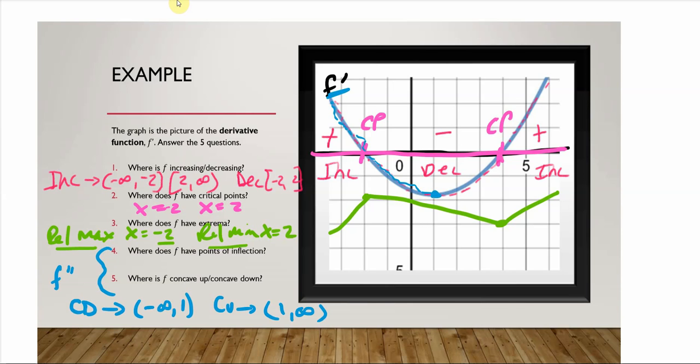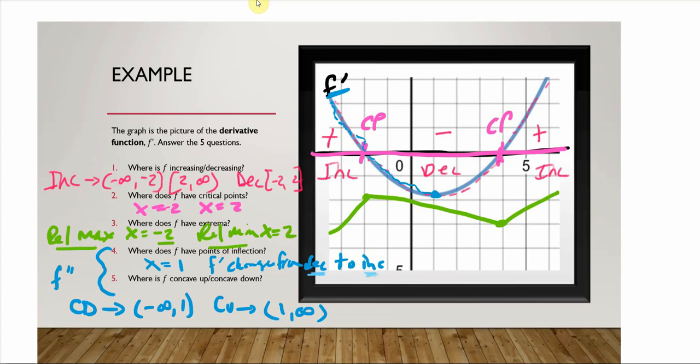Alright, now where do I have points of inflection? Well, points of inflection is where it changes concavity. So I can say that I have a point of inflection at x equals 1 because f prime changes from what? From decreasing to increasing. And I have to stop right here and make sure that everybody understands that the words increasing and decreasing mean derivative.